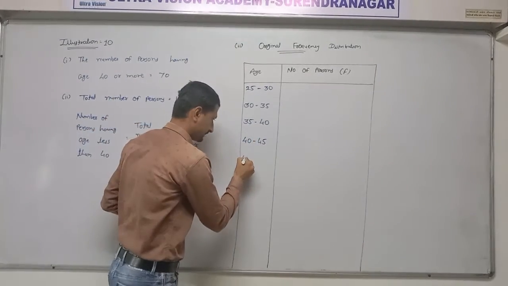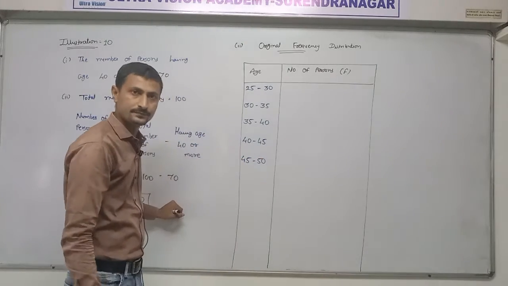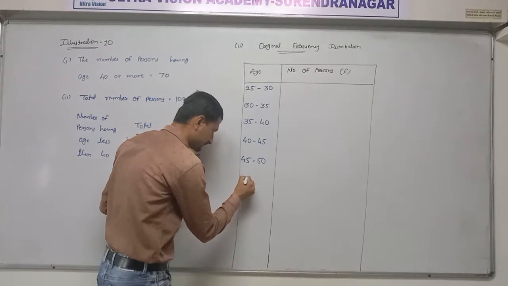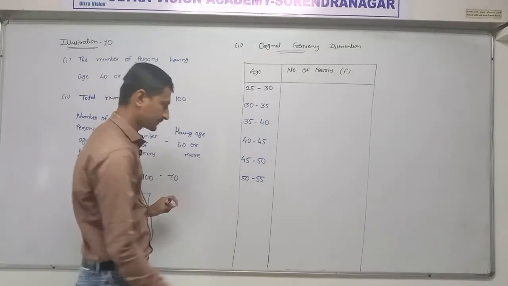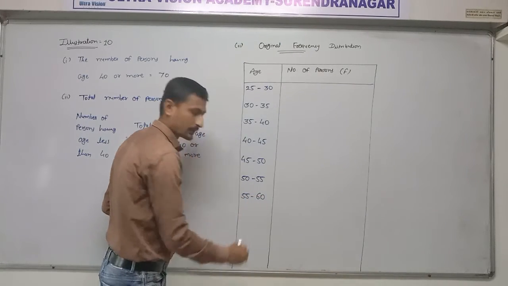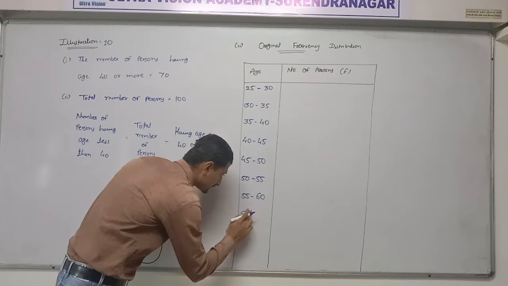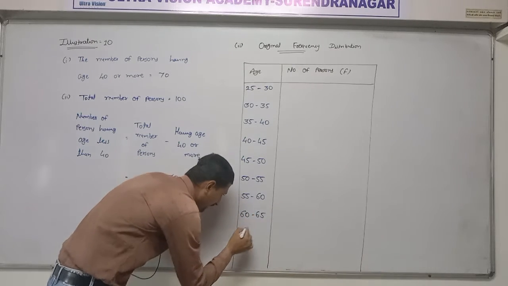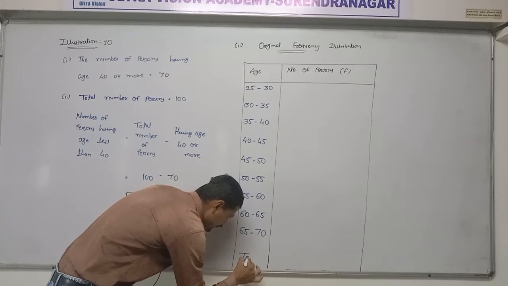Next 45 to 50. Next 50 to 55. Next 55 to 60. Next 60 to 65. And last 65 to 70.